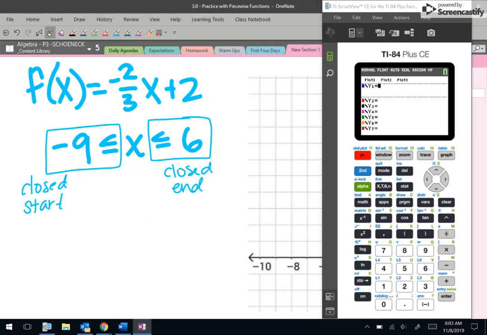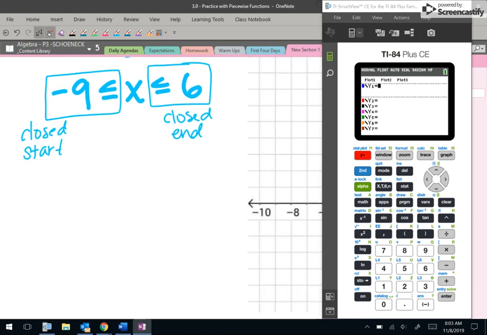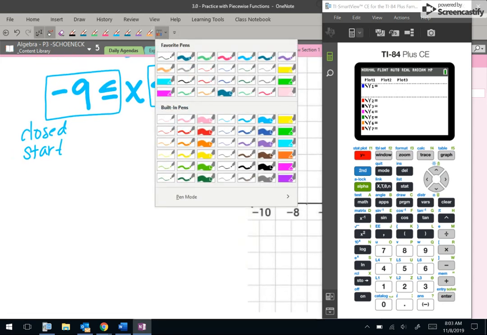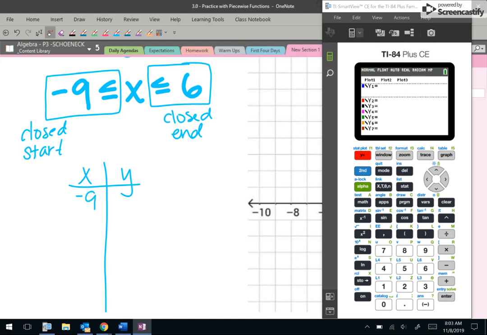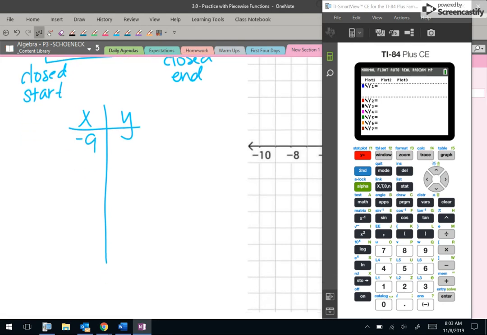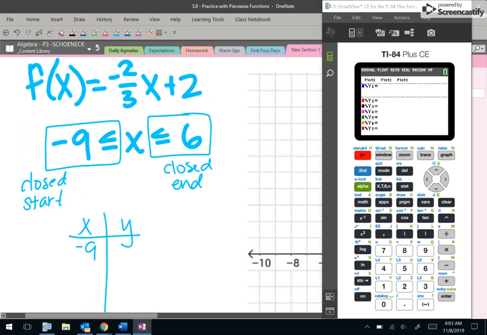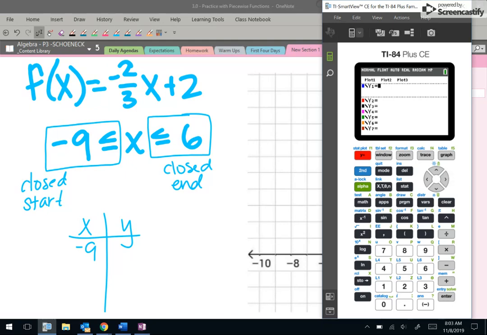Now we're going to make our table. Remember, we're starting the table at negative 9, and we're ending the table at 6. To fill in the rest, we need to type it into our calculator: negative 2/3 x plus 2.